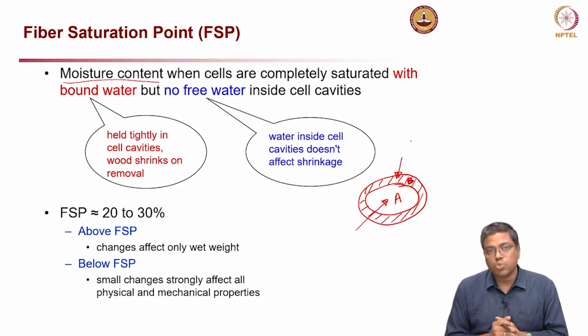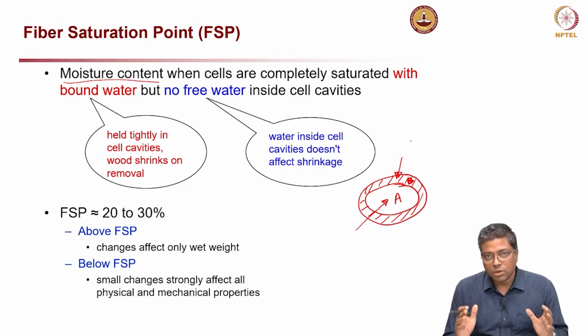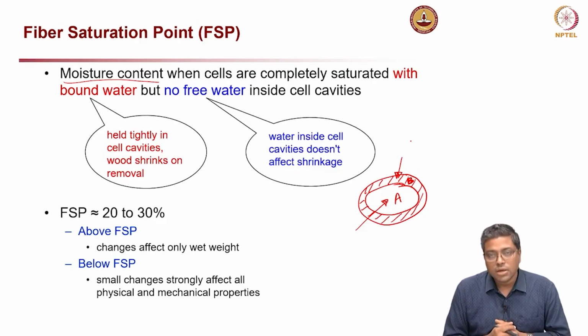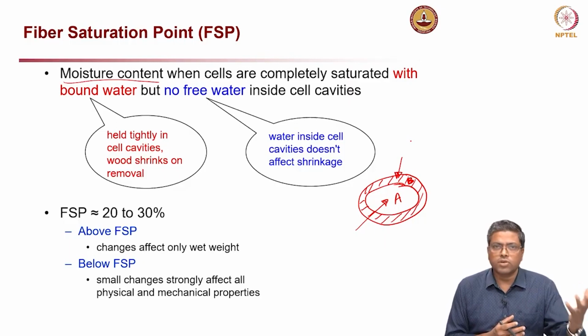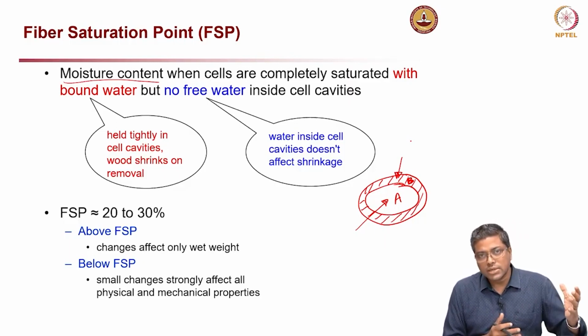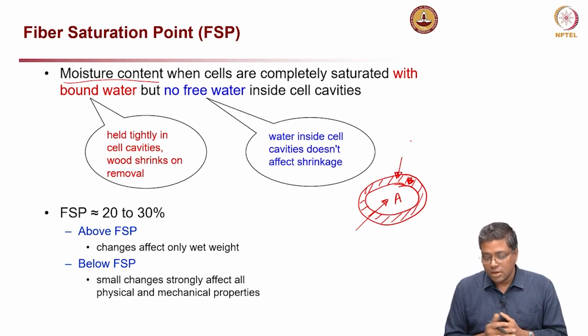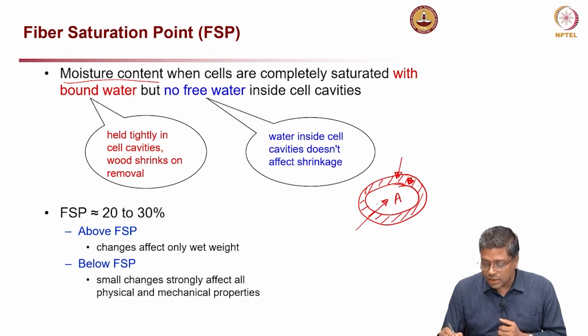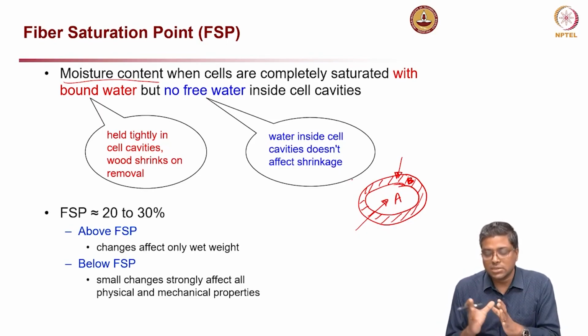Let me reiterate this once more. Let us say you take a new wood, you cut it, you are going to process it, and you have to first dry that wood, right. Initially you will have a lot of moisture in the wood. As you start drying, first the water inside the cell cavities, that is the region A, will start drying.